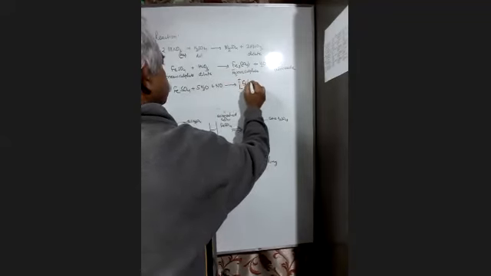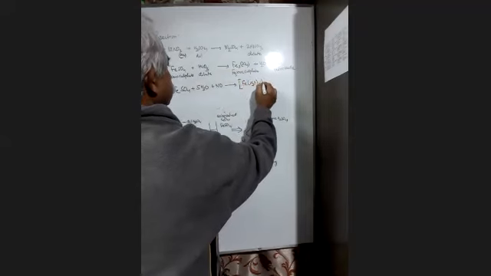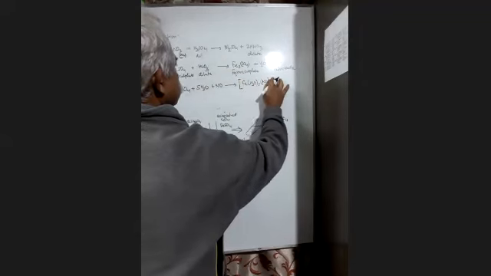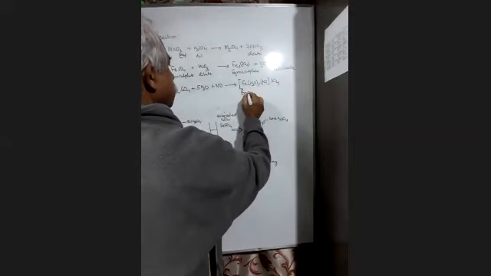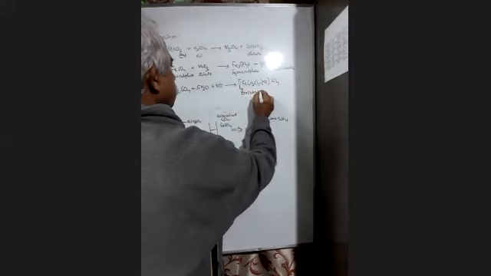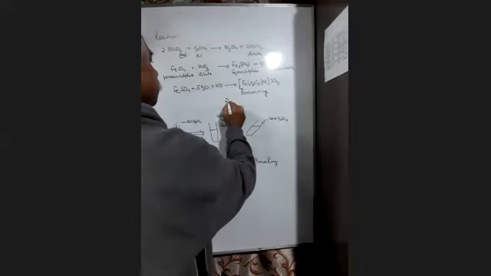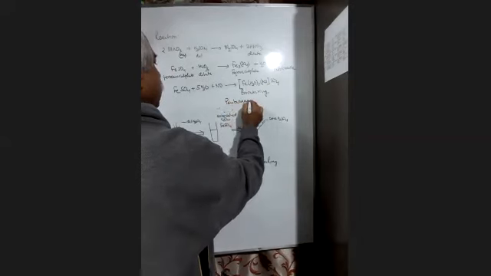Okay. This is the brown ring. The name of this complex is pentaaquanitrosyliron(II).